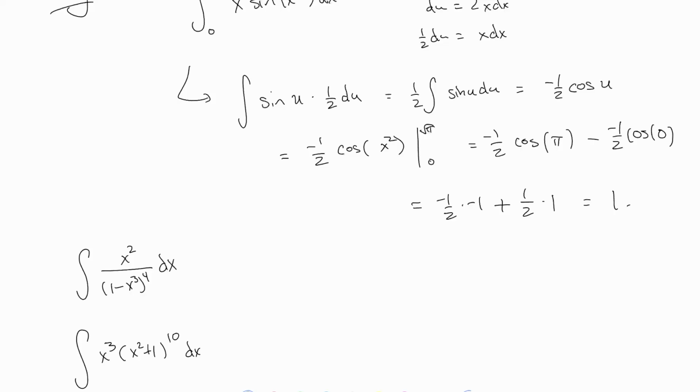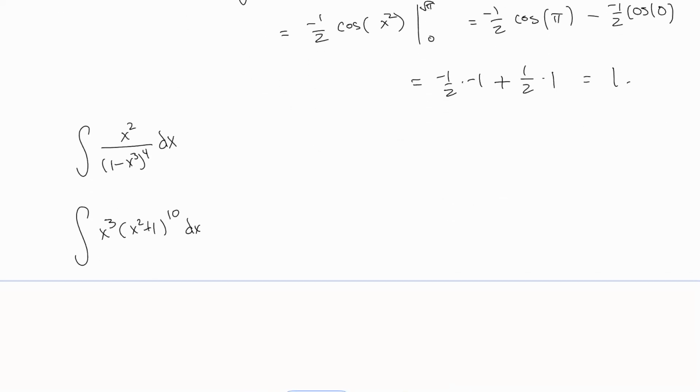There's some opportunity to just mess up the numbers in there, but as I was walking around, it looked like most people were doing great. All right. Okay, how about the next one? This one is a little more complicated, although still similar to one of the ones that I did. What did you choose for the u? 1 minus x cubed.